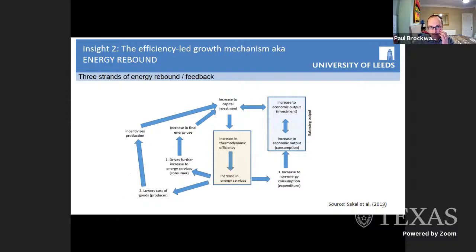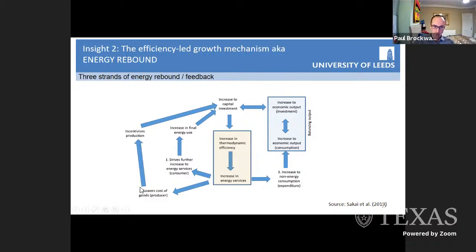And secondly, we unpicked a little bit more about why that may be the case within our model, looking at how energy rebound could be taking place. So we had rebound occurring through different mechanisms, through a consumer-sided effect. So you save money on your car by buying more fuel-efficient cars, so you drive further.